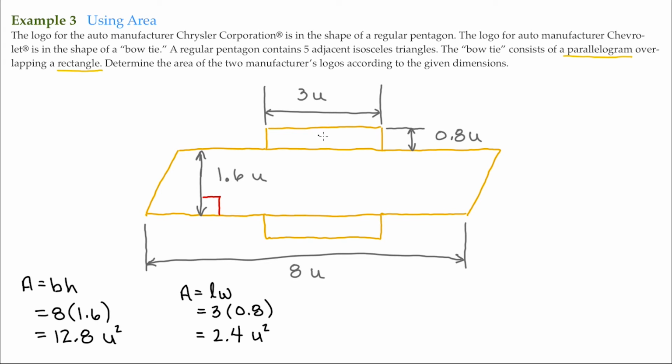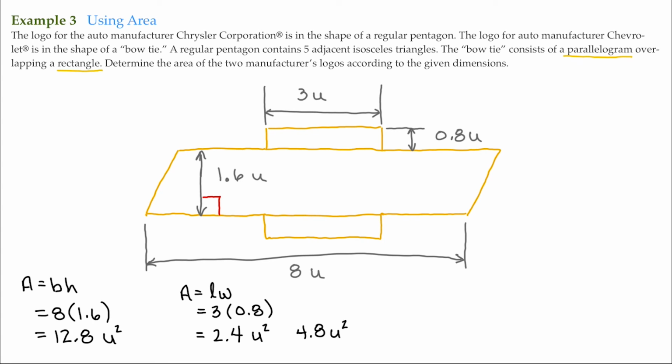Now don't forget, we've got 2 of them, so we'll double it. So we'll make it 4.8 square units. So our parallelogram here, that's 12.8 square units. And then for our 2 small rectangles here, that's a total of 4.8 square units.